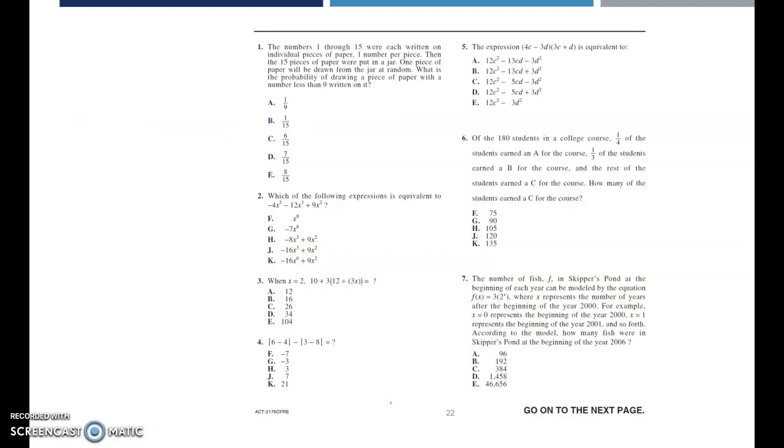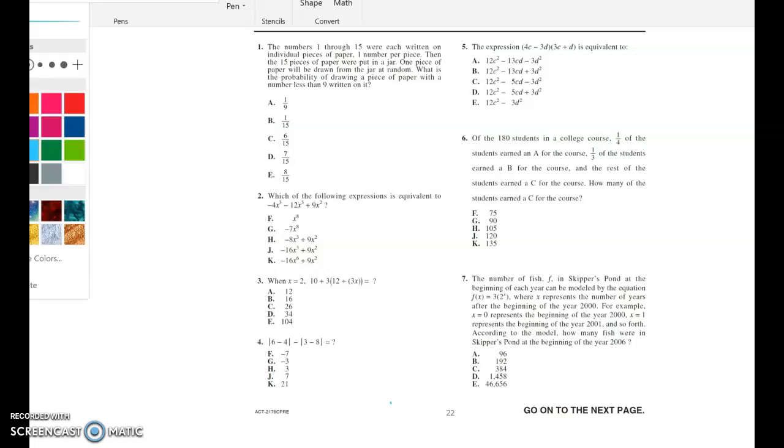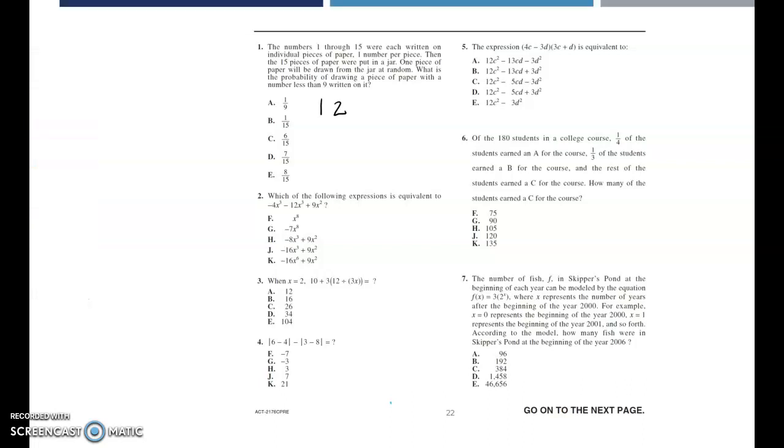Okay, let's look at the first one. We have the numbers 1 through 15 written, and they want less than 9. So that means that 9 is not a possibility. We know we have numbers 1, 2, 3, 4, 5, 6, 7, and 8.